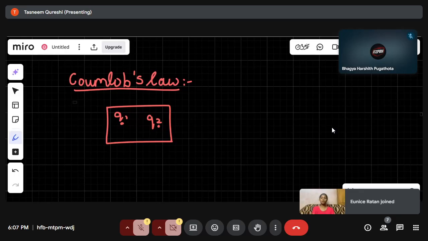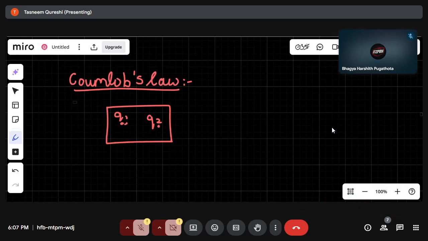So these are two charges, and the separation between them is r. Coulomb's law states that the force between them is directly proportional to the product of the charges, and the force is inversely proportional to the square of the distance between them.